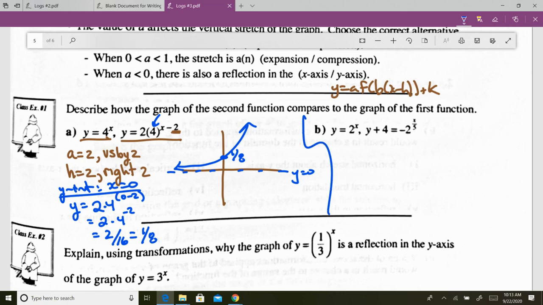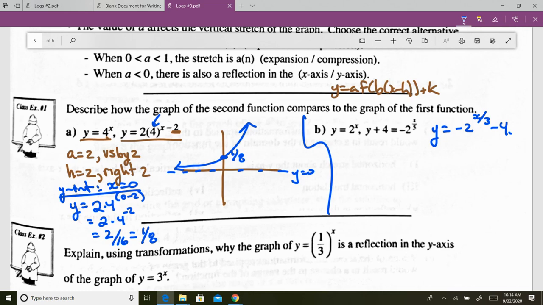We went from y is equal to 2 to the power of x to y plus 4 is equal to negative 2 to the x over 3. All right. What's wrong with the way this is written on the right side, the y plus 4 thing? You want to move the 4 over, right? So we're going to go y is equal to negative 2 to the x minus 3, minus 4. Okay, and this is a total teacher thing.